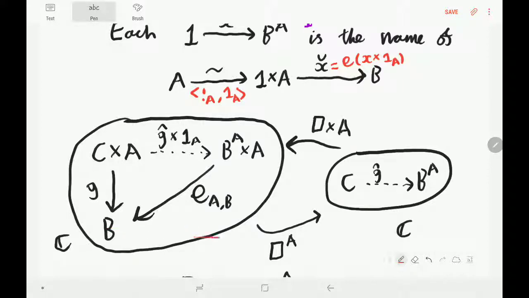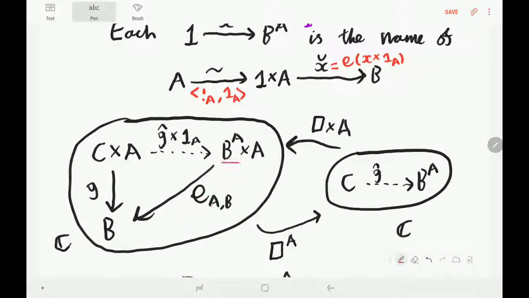The output of that is, well, if we get a terminal morphism, and terminal morphisms are unique up to isomorphism, from blank times A, this functor here, to B, that's going to consist of an object over here on the right, which we can call B to the power of A, together with an arrow from where that object got sent under blank times A to B. And that's this evaluation arrow.